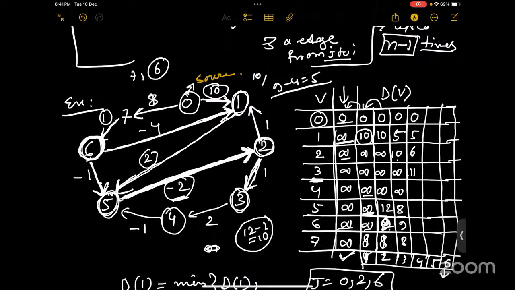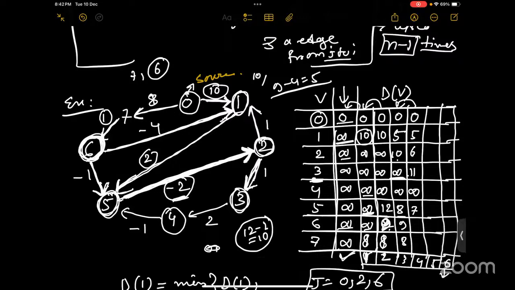The weight of 3, one step before, is infinity. So it is infinity. We will consider this, right? Yes. We will take data from the previous column. Yes, ma'am. 5. 7. 6.